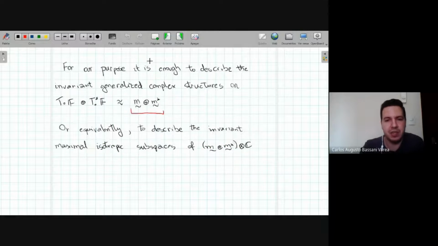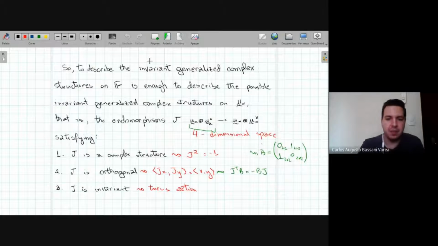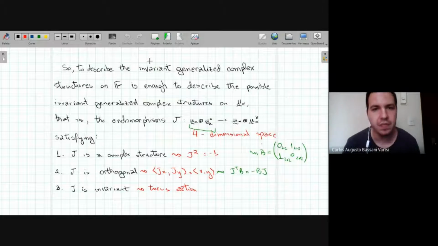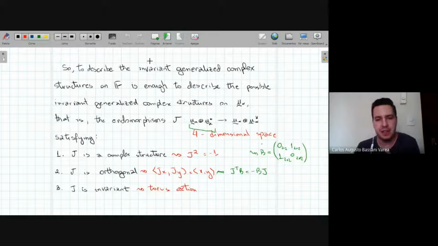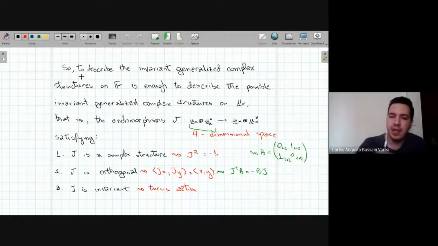So the adjoint representation will coincide with the torus action. Okay, so this is what we are looking for. So the endomorphisms on a four-dimensional space satisfying these conditions here.